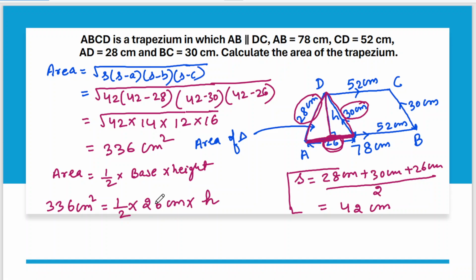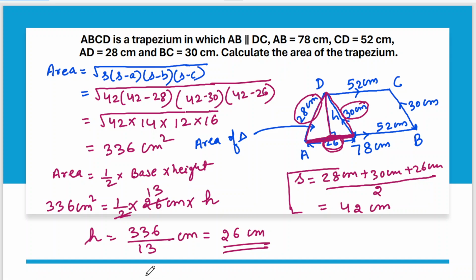After calculation, we can cancel this out by 13. So you will get h equal to 336 divided by 13 centimeter. Approximately you can take it as 26 centimeter. So now we have got the value of height, that is h.